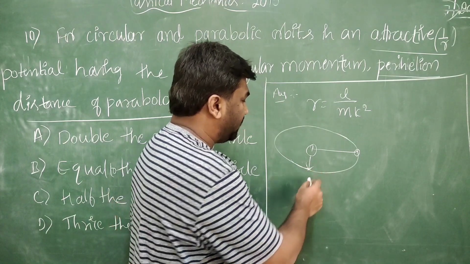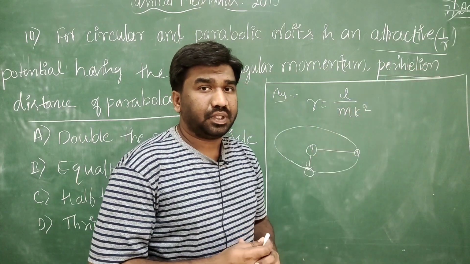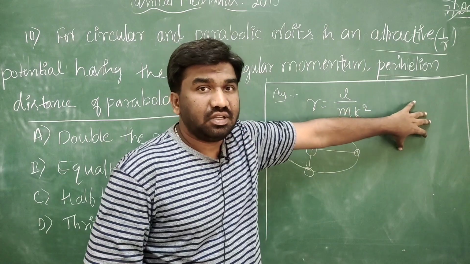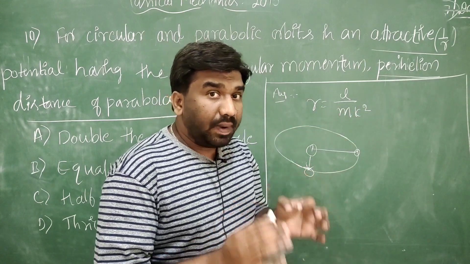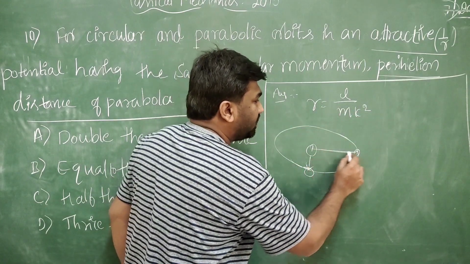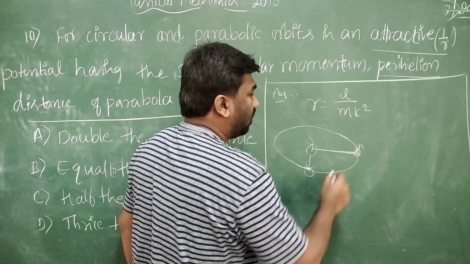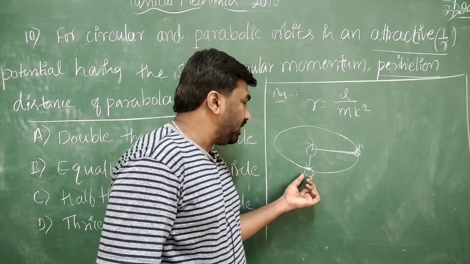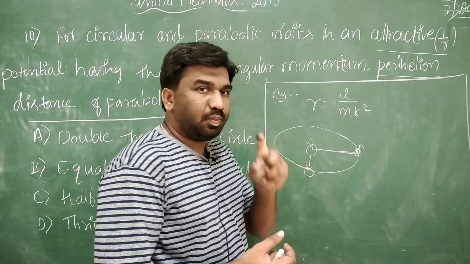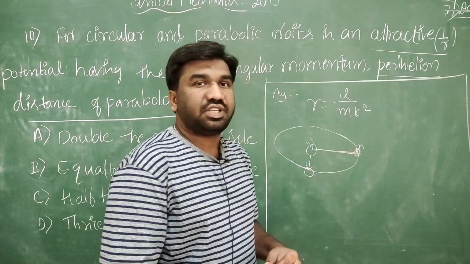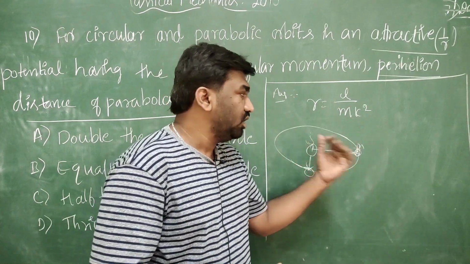That part we can represent as perihelion. And another concept arises, which is aphelion. So what is aphelion? The point of furthest distance between the sun and the planet is called aphelion. So perihelion means the closest point between the sun and the planet, and aphelion means the furthest distance between the sun and the planet.